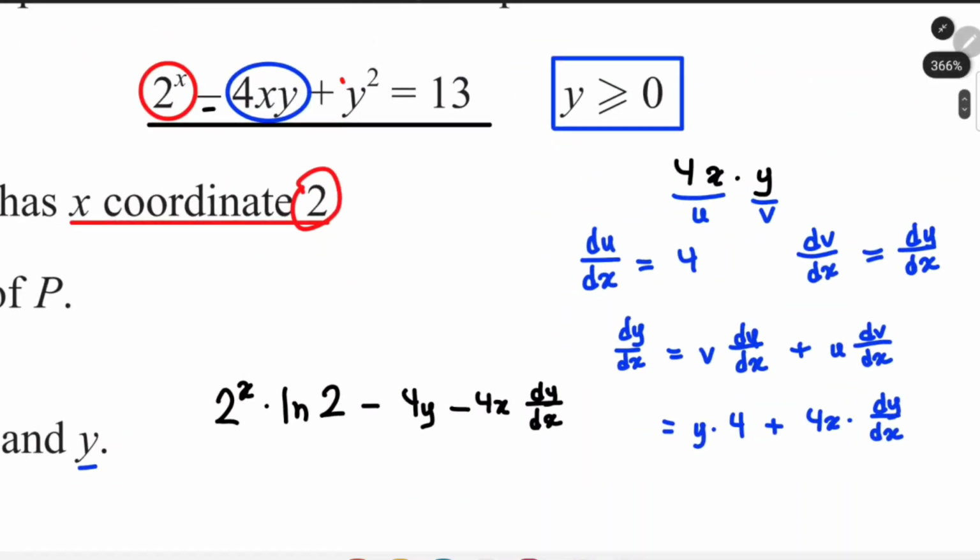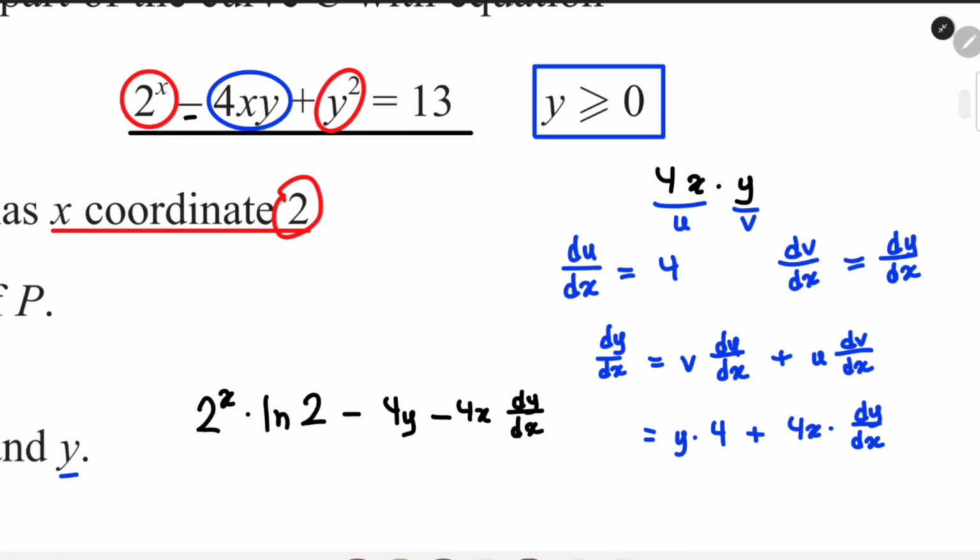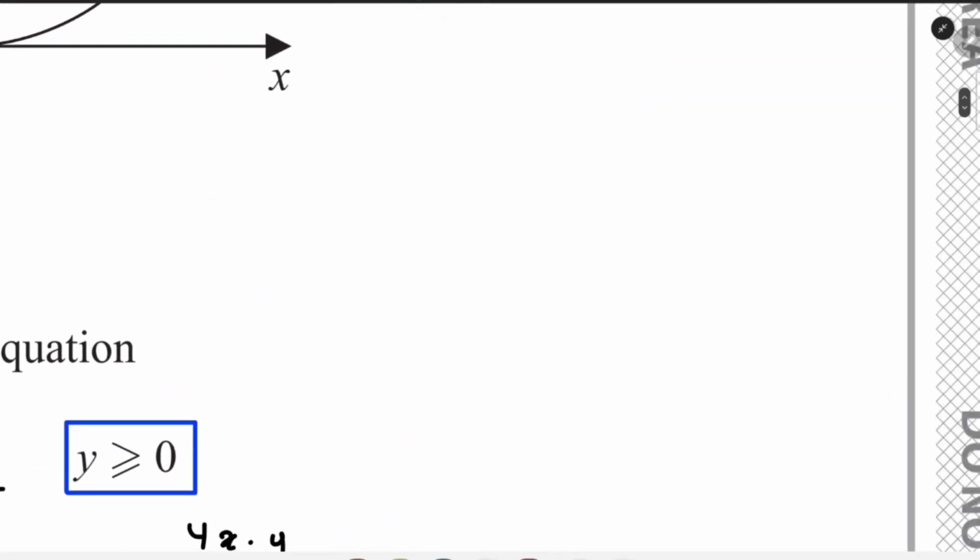Now for the third term, I have to differentiate y square, and to do that I need to use the chain rule. So if I want to find d/dx of y square, I can use the chain rule. I'll let u be y.